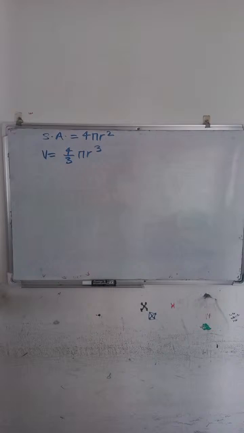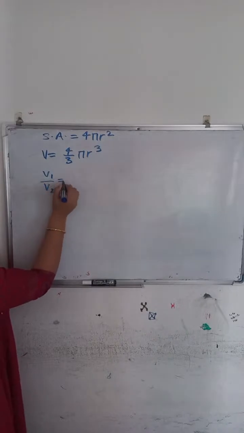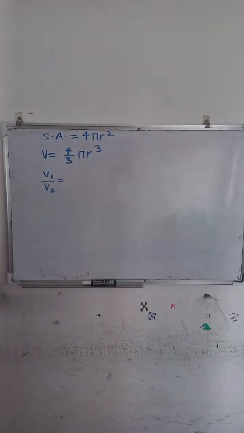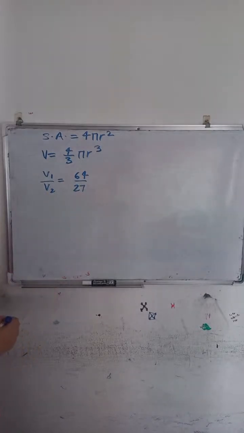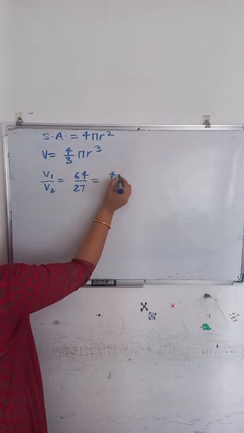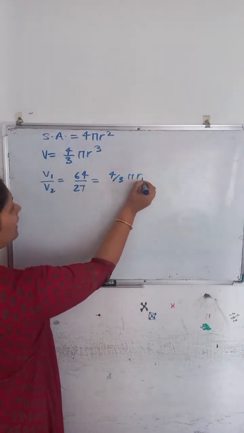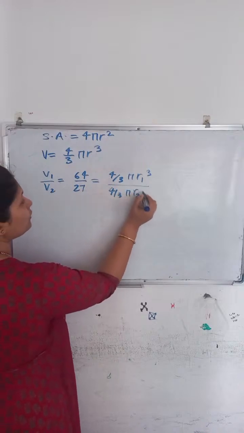So now here the volume ratio is given. V1 by V2 is given as 64 is to 27. Volume is 4 by 3 pi r1 cube and 4 by 3 pi r2 cube.